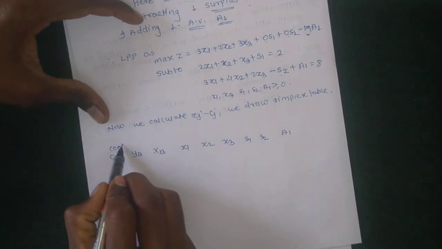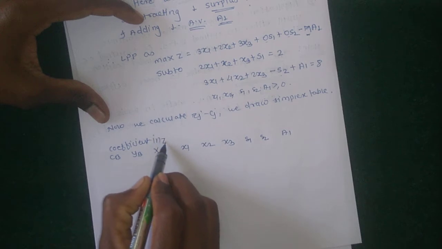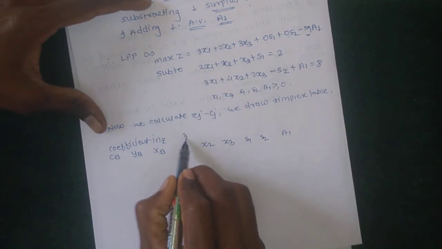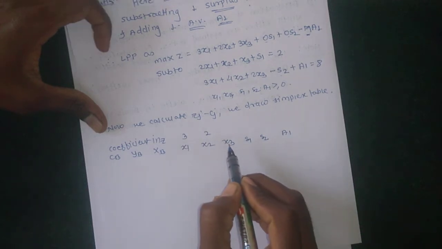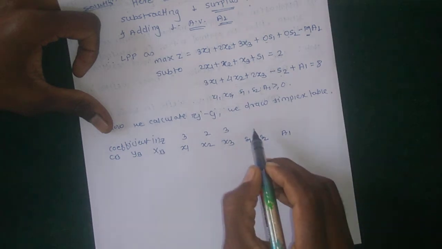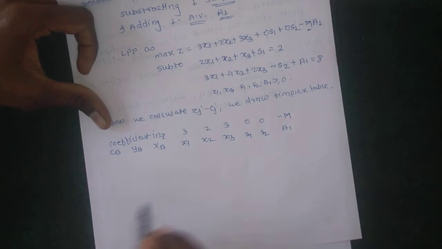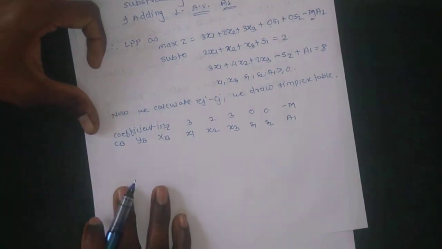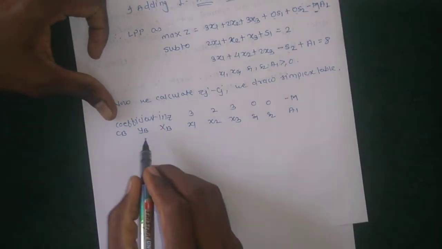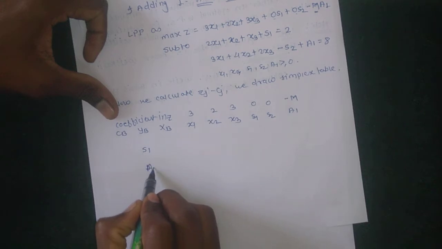And their coefficients in Z: for x1 the coefficient is 3, x2 has coefficient 2 in the objective function, x3 has 3 in the objective function, then 0, 0, and the value for a1 is minus M. So for the first simplex table we write only the slack and artificial variables in the basic column, s1 and a1.